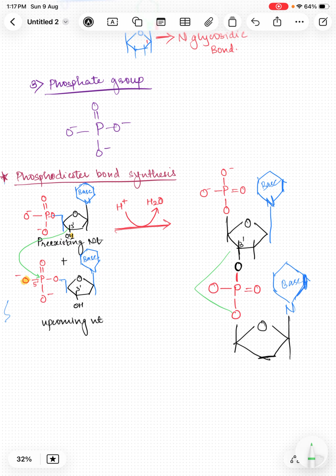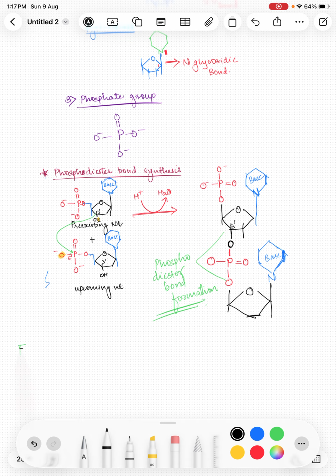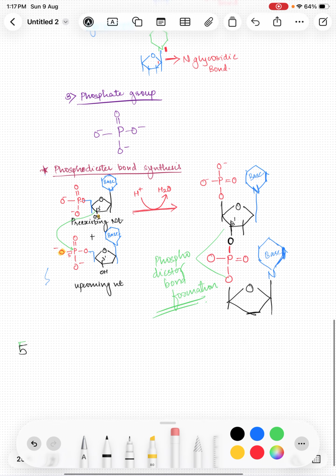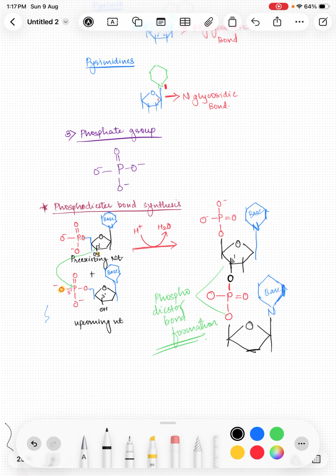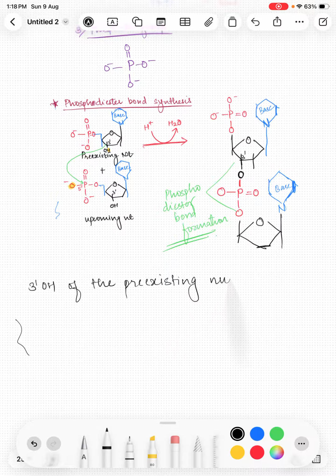Phosphodiester bond formation. So if you want to write, you can write 3 prime OH of the pre-existing nucleotide attacks 5 prime phosphate of the upcoming nucleotide.